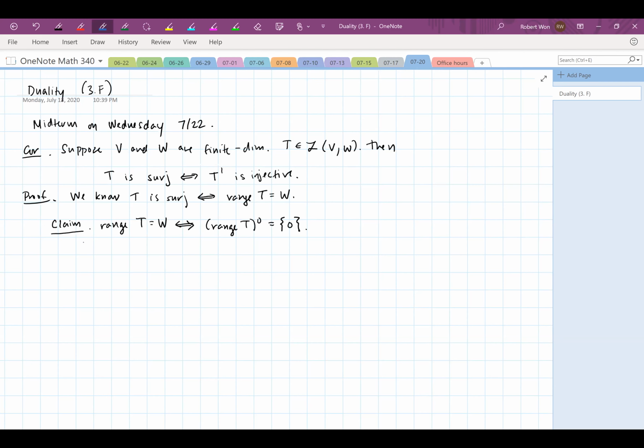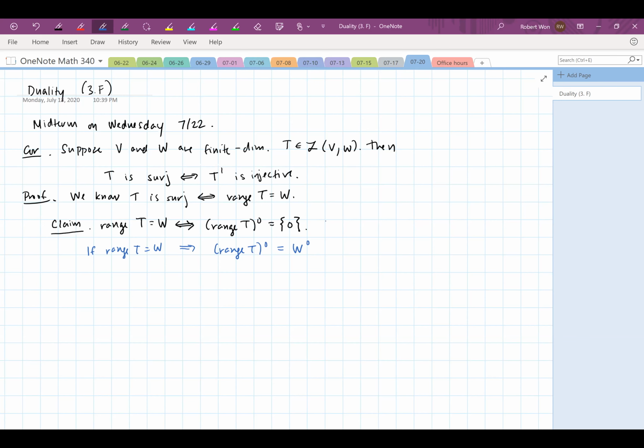If the range of T equals W, then certainly if you take the annihilator, it's the same thing as the annihilator of W. Right, well, what is the annihilator of W?